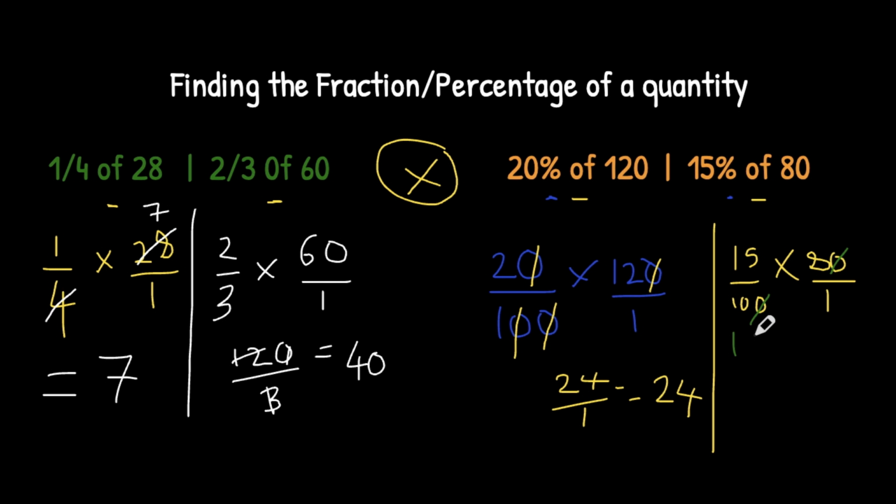Use your method: 8 times 5 is 40, so 0, carry a 4. 8 times 1 is 8, plus 4 is 12. So what are we left with? We are left with 120 divided by 10. Now, 10 goes into 120 how many times? A 0 for a 0, it goes in a clean 12. So our answer: 15% of 80 is 12.